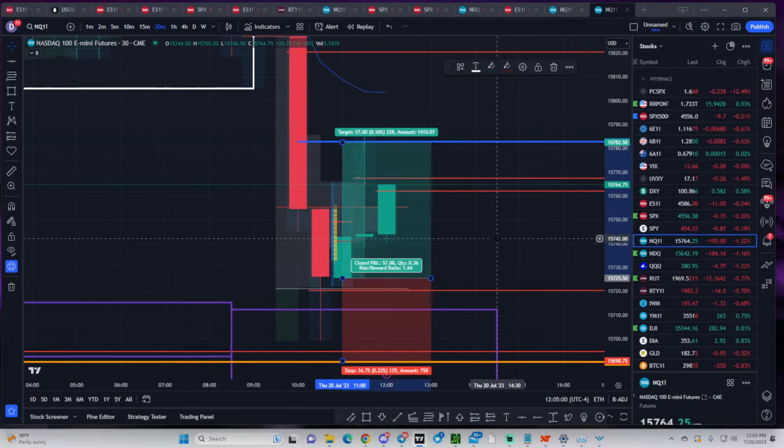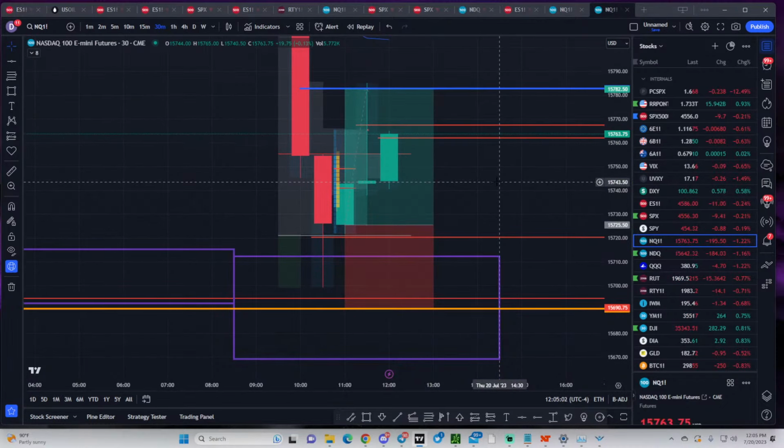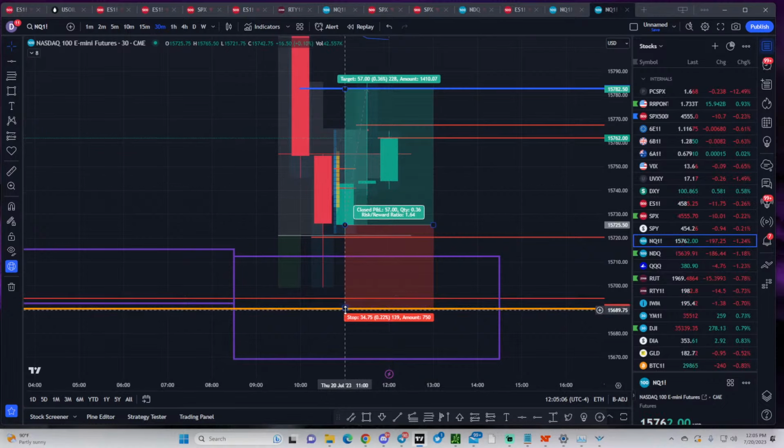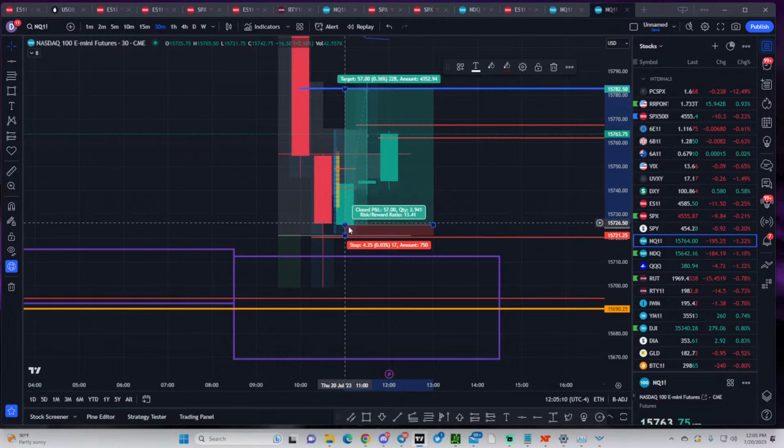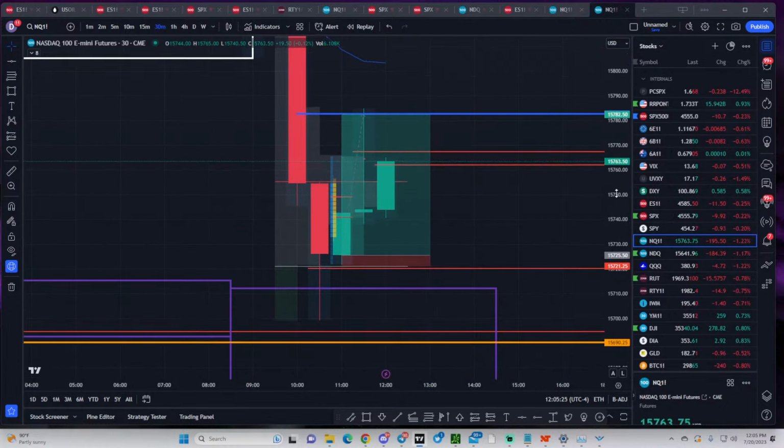Doesn't look like a great risk reward, but remember, the moment this candle closes right here, your risk is eliminated. The moment you trade below this candle, you're probably out of the trade. So if it opens here and it gets back up and then back down, you probably don't want to be in it. You're probably going to be at break even by then anyways.